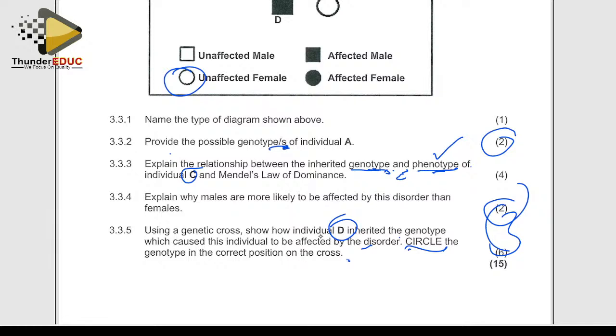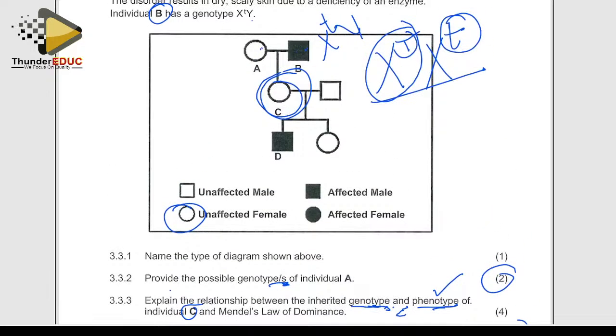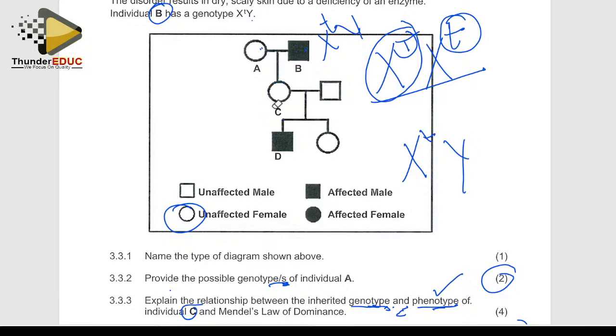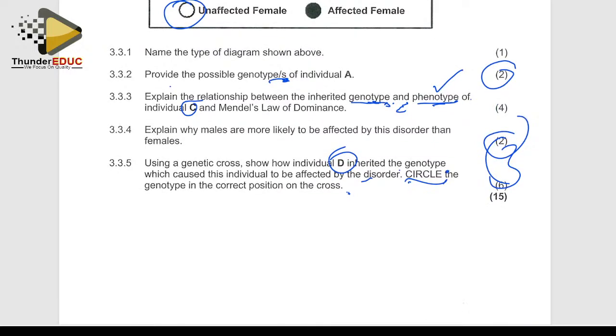Individual D obviously is a male, having X small t and a Y. Since this one is heterozygous, then we can. But they say using the genetic cross.